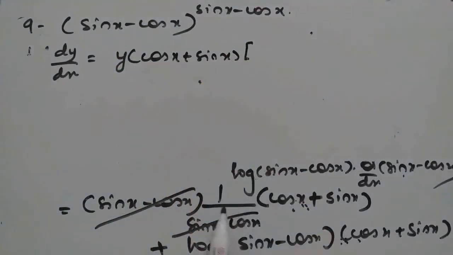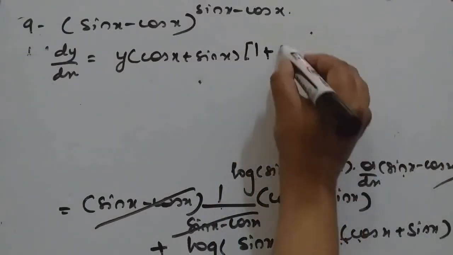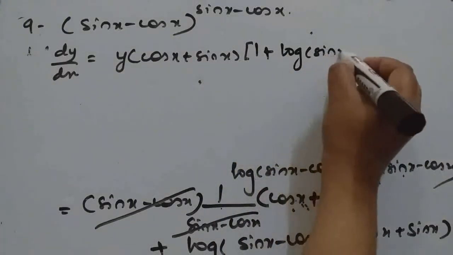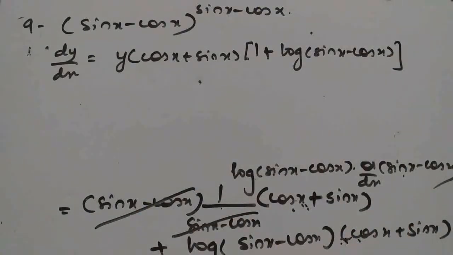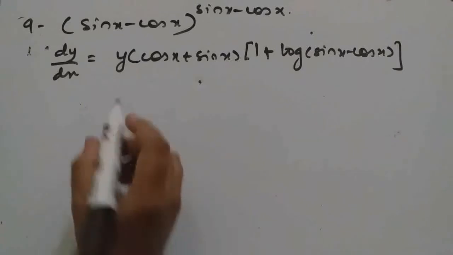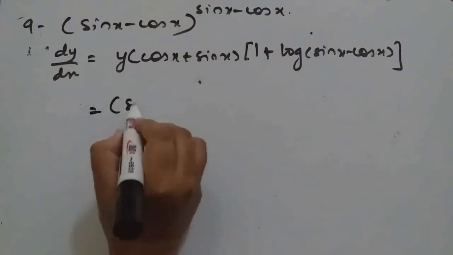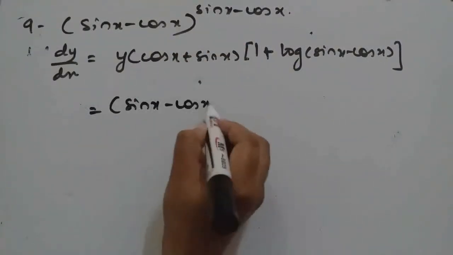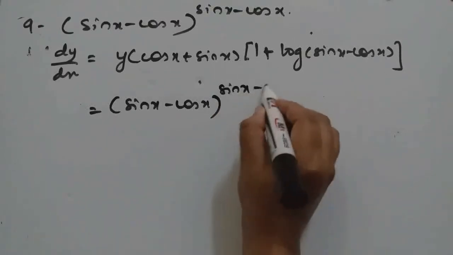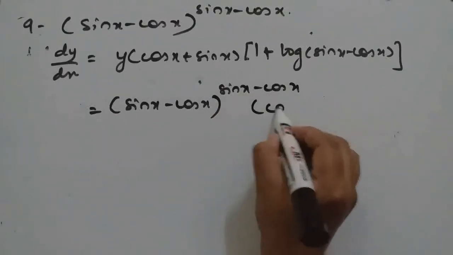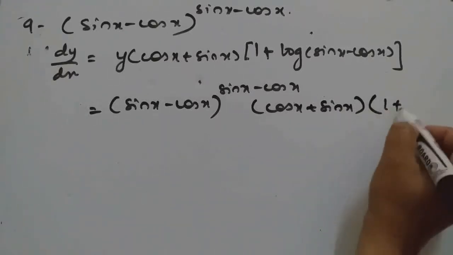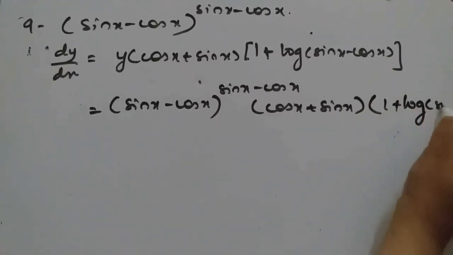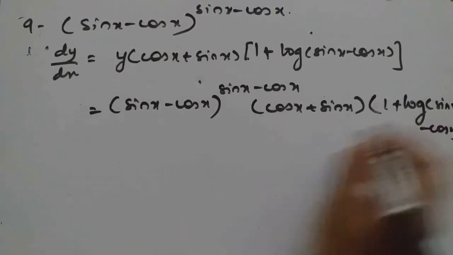So in the bracket 1 will remain plus log of sin x minus cos x. Okay. So y is what? Y is the given function, into cos x plus sin x into 1 plus log of sin x minus cos x.